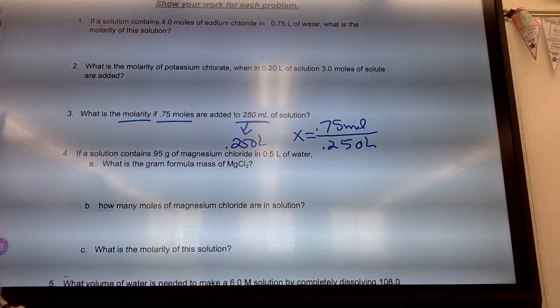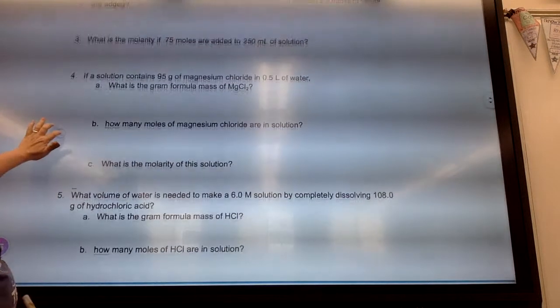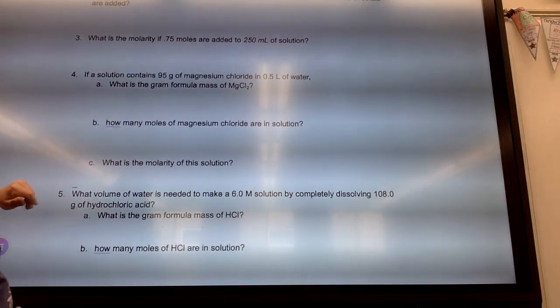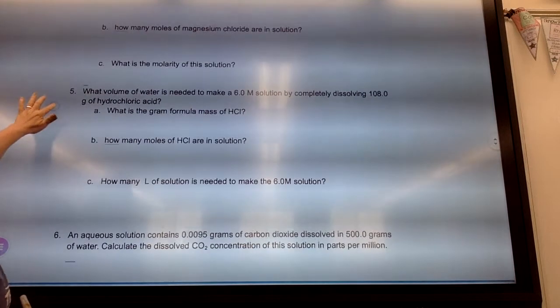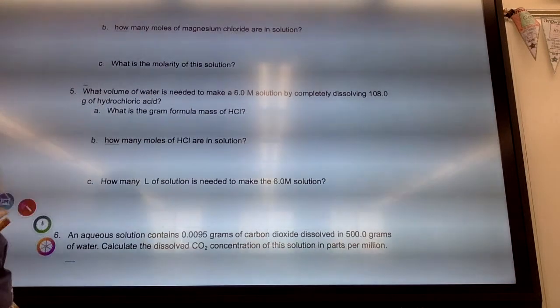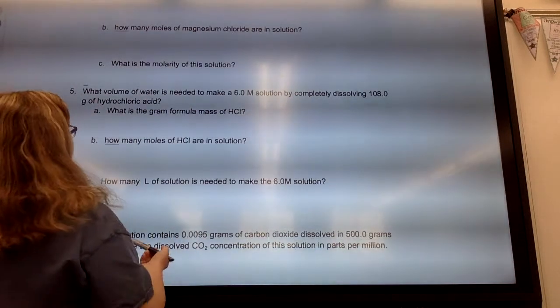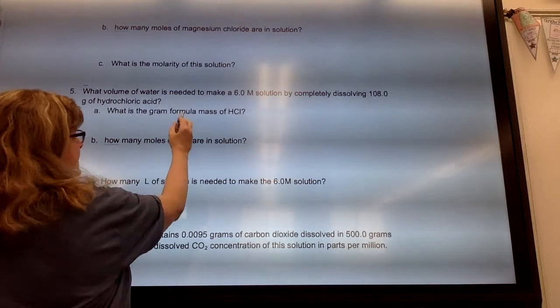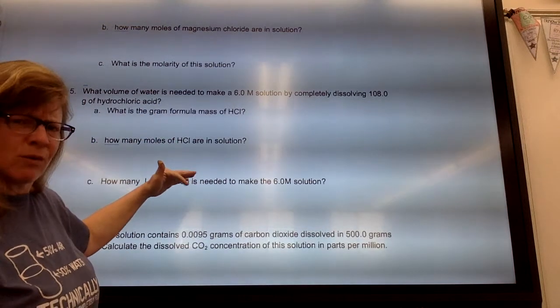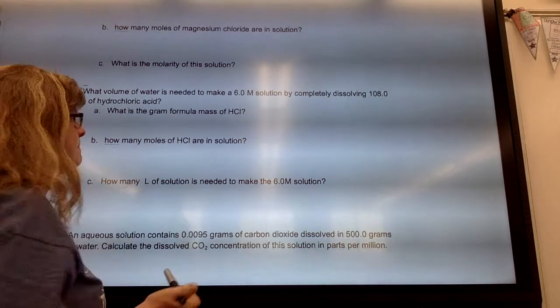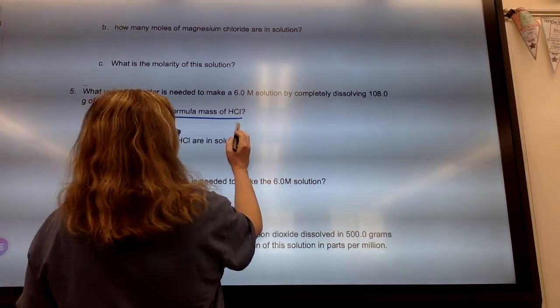Okay. Let's continue. Some other places where I saw problems. So we're going to take this step by step. This was broken down to help you, and I think people weren't realizing they were connected for some reason. Gram formula mass of HCl.